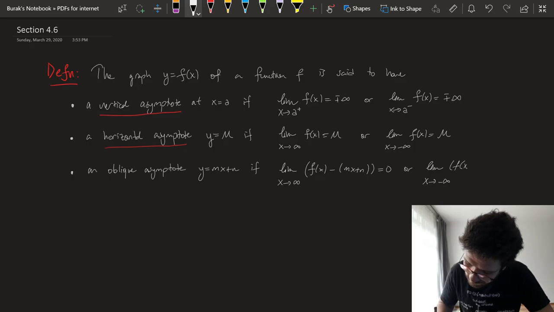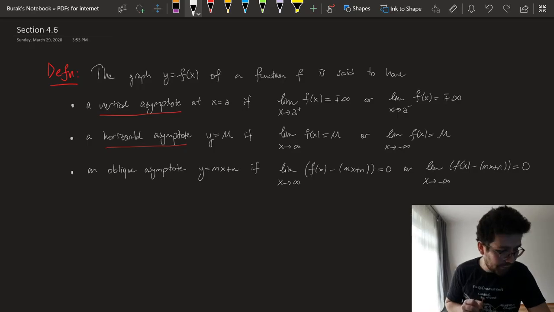Okay, so f of x minus (mx plus n) at infinity or negative infinity is 0.